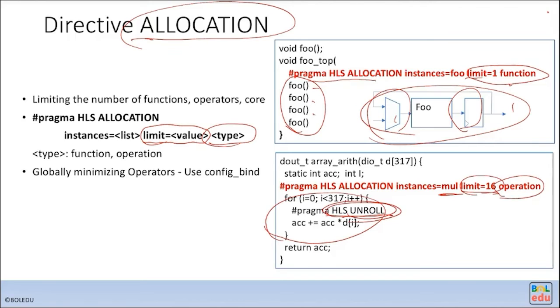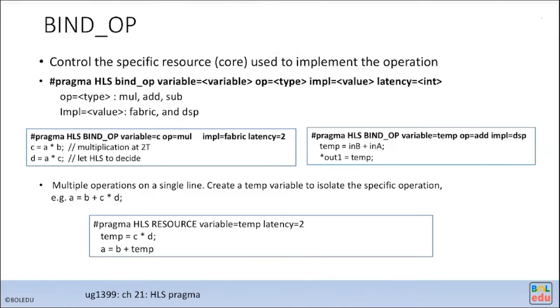So although with fully unroll you would suppose use 318 multiplications, you impose another constraint to limit to 16, then the compiler will use only 16 multiplications. So this gives you a good handle to control how much resource you want to use.